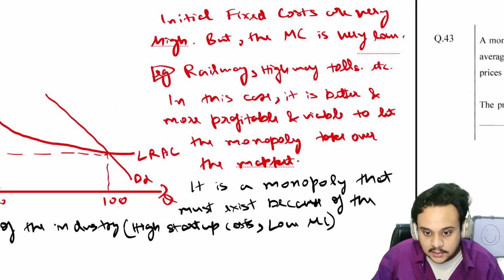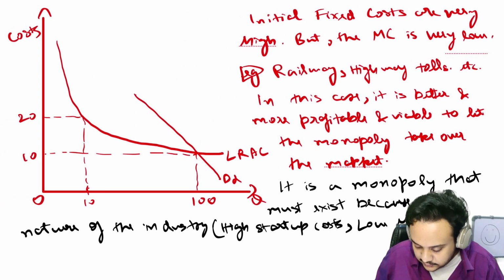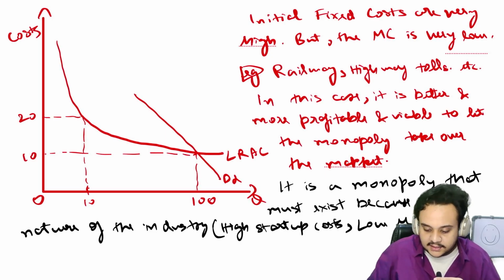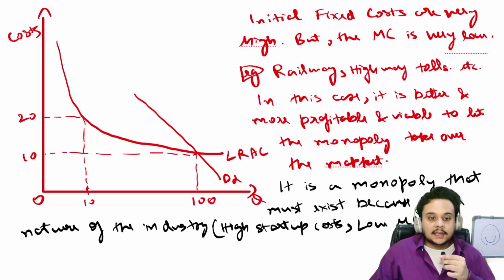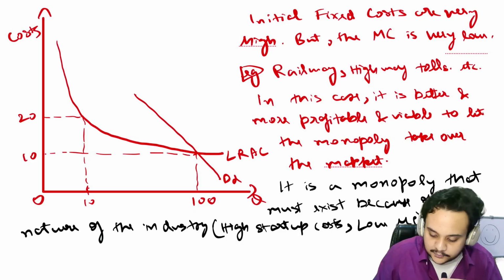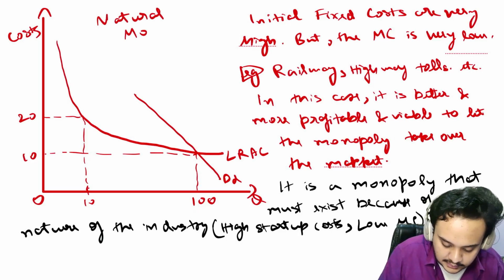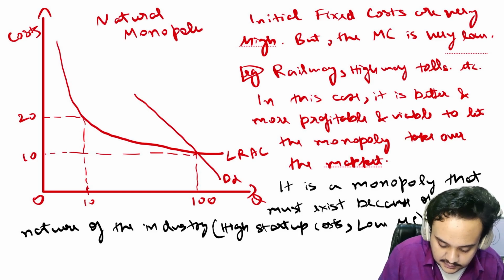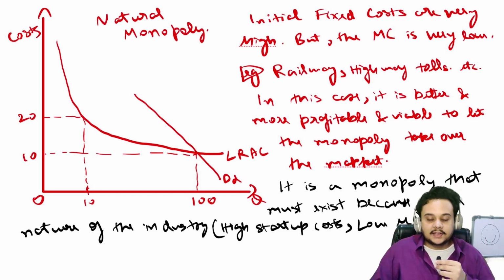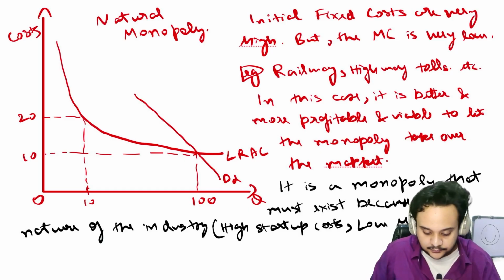Okay, low marginal costs. So this is when we say that there is a natural monopoly in an industry. So this is why you will see that in India there are no private firms that are entering the railway market, right? There is a reason behind it.